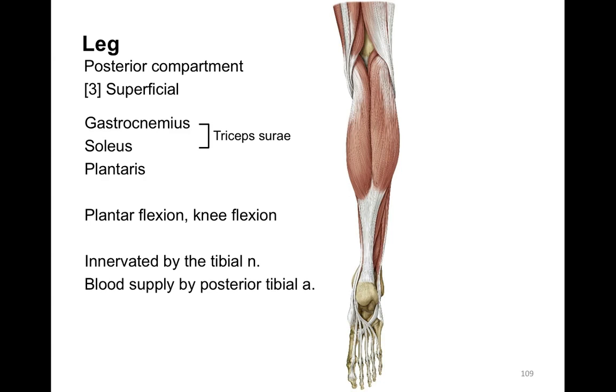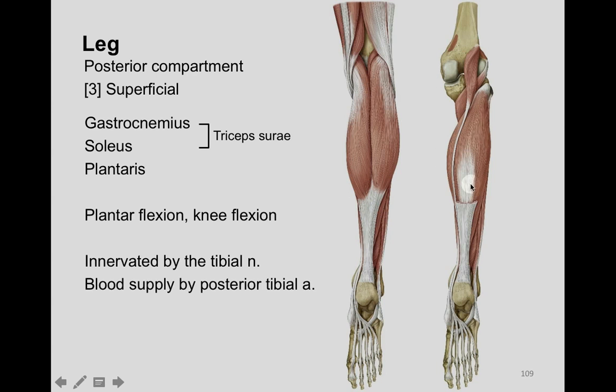The posterior compartment comes in two varieties: superficial, which includes gastrocnemius and soleus, as well as the plantaris. So in this superficial view of the posterior compartment, we can see the lateral and medial heads of gastrocnemius and a little bit of soleus peeking out from the side.